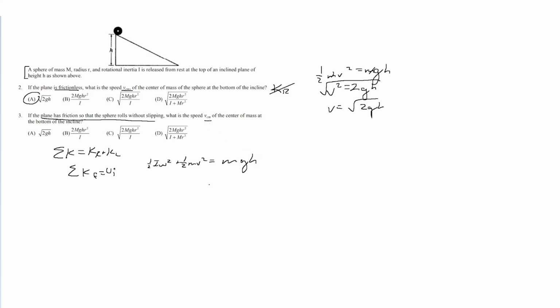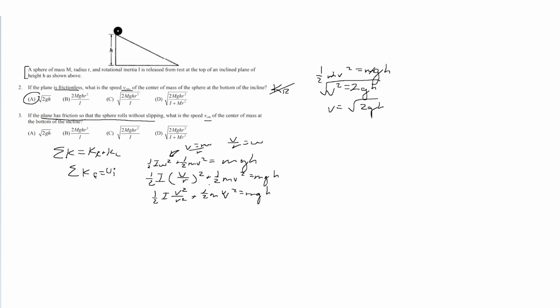We want to find v cm, so we want to get this w out of here. We'll say v equals rw, so we divide both sides by r: v over r equals w. So we have 1/2 I times (v over r) squared plus 1/2 mv squared equals mgh, so 1/2 I v squared over r squared plus 1/2 mv squared equals mgh.